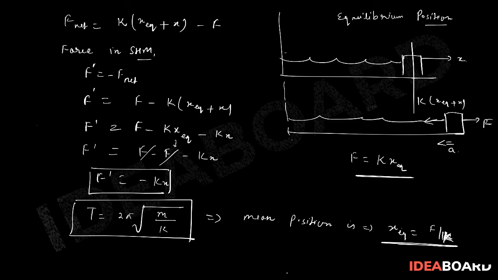Getting my point? So this is the mean position, and it will go like this and then come back like this, performing SHM in this region. Okay, so that's how we calculate all these parameters during SHM when an external force is applicable. Got it?